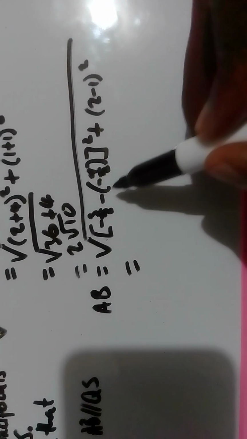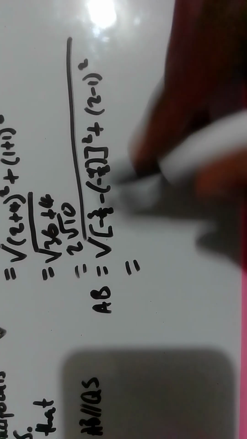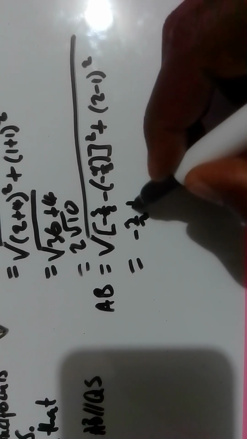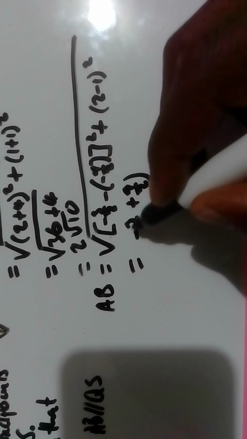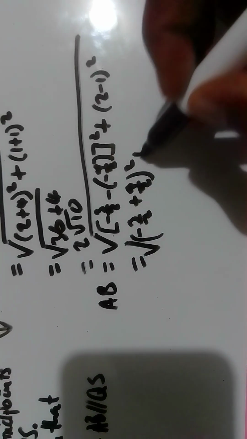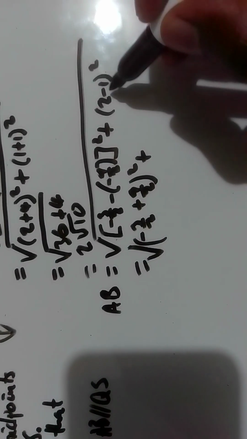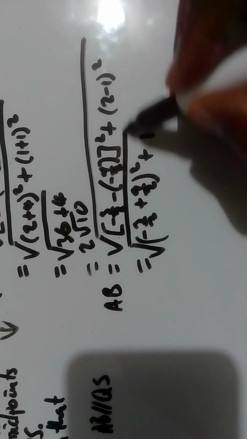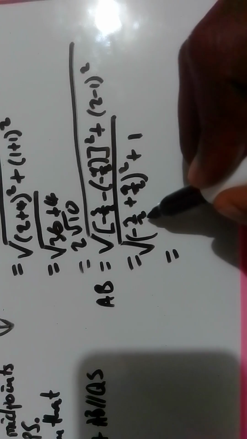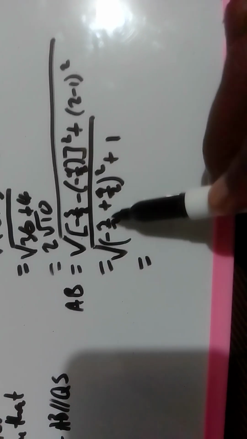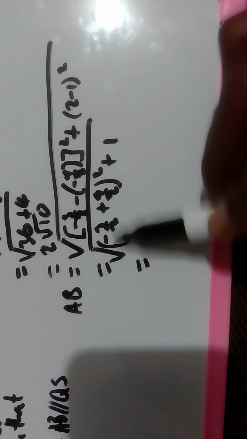which is now equal to, this negative and negative gives me a positive. So now I've got -3 over 2 plus 9 over 2, squared, and I have a square root there, plus 2 minus 1 is equal to 1, 1 squared, which is equal to 1, like that. Now the fortunate part is that the denominators are identical, so I just say -3 plus 9, which is equal to 6.